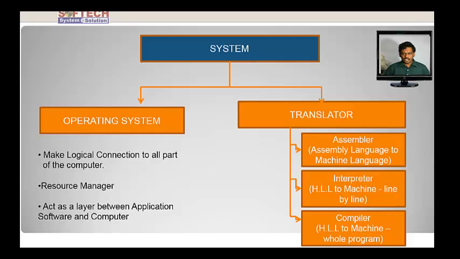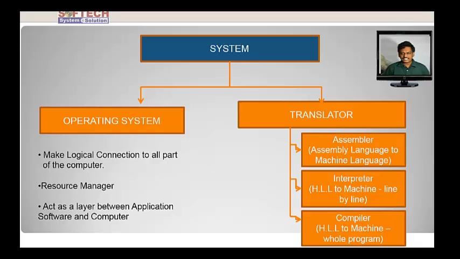So the operating system is related to hardware. It's not common for all. For a specific processor, specific hard disk, specific memory, based on that hardware specification, the operating system is created. So the operating system is related to computer hardware.